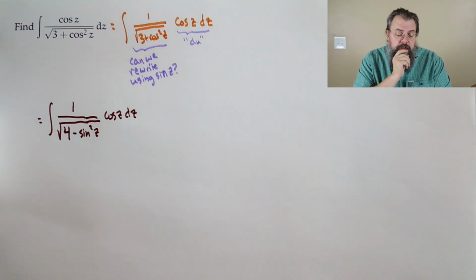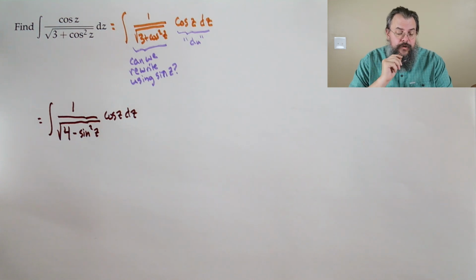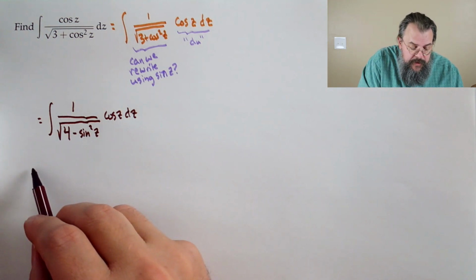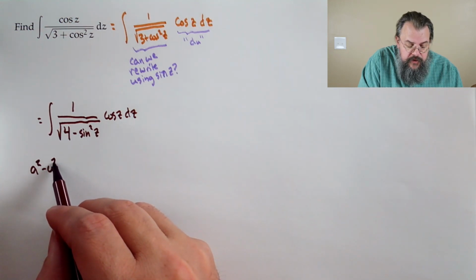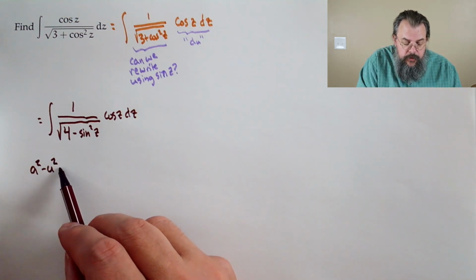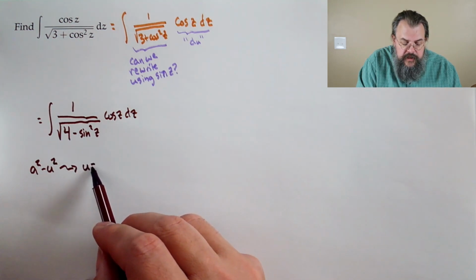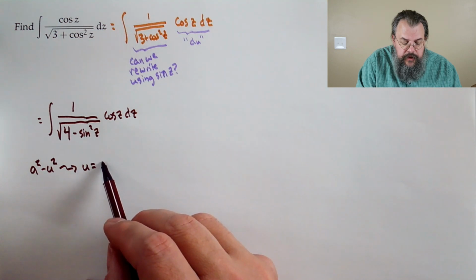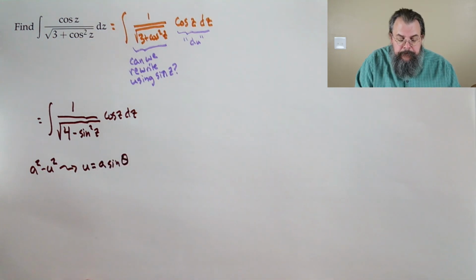Now, notice what we have inside our square root. It's something in the form a squared minus u squared. And when we see that, our rule is to say, here's something you can try: let u equal a sine theta.